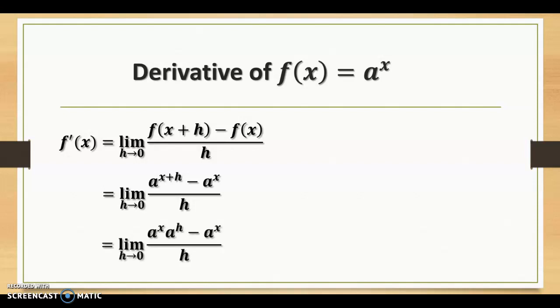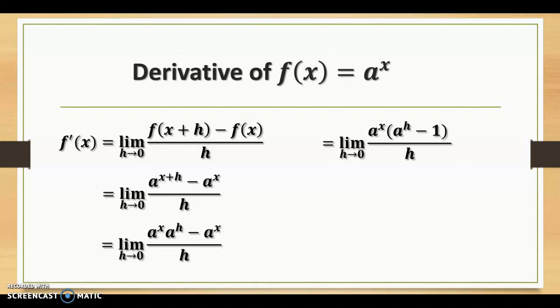Luckily, exponent properties allow us to break up a to the x plus h as a to the x times a to the h, which highlights a common factor of a to the x. Now, keep in mind this limit takes place on h going to 0. So essentially, h is the variable.